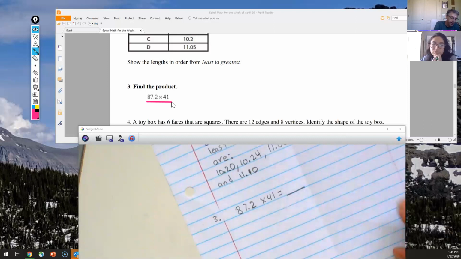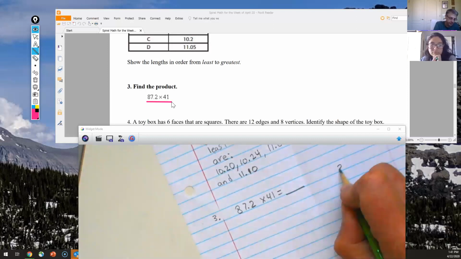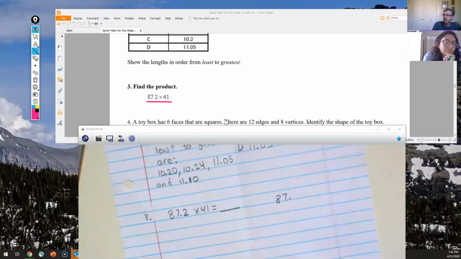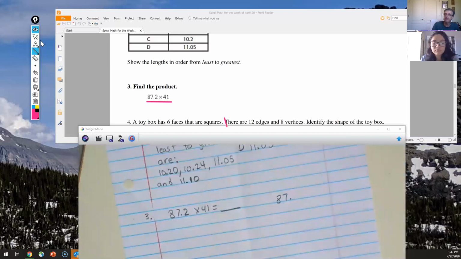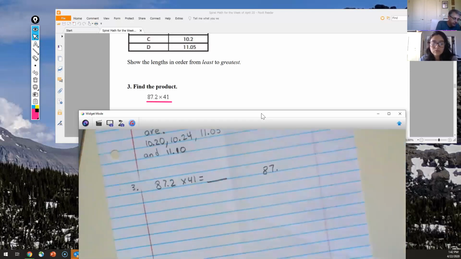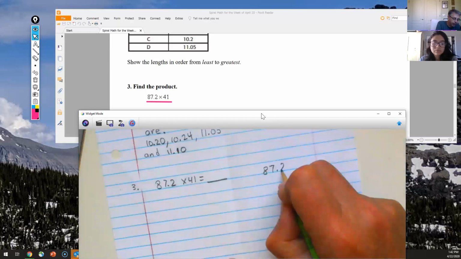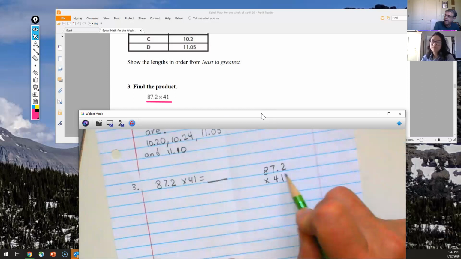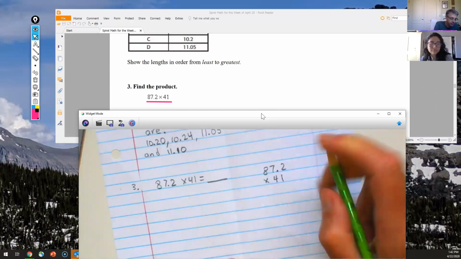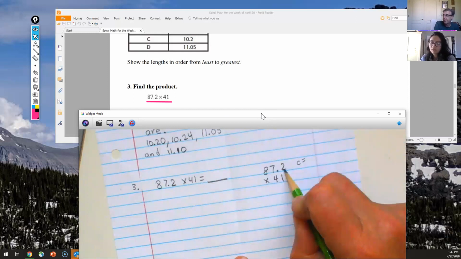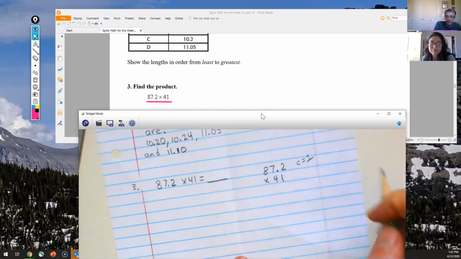I'm going to multiply out 87 and 2/10, 87 and 2/10 multiplied by 41. What I want to do is be mindful of the decimal point right there, and that's going to remind me that C, which is the number of digits on the right of the decimal, is 1. I'm going to keep that in mind when it comes time later on to move the decimal.